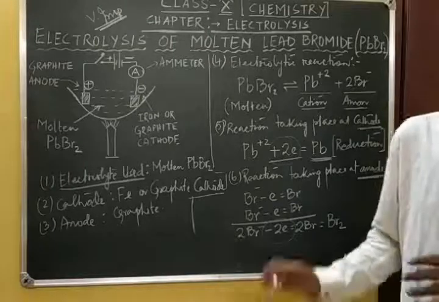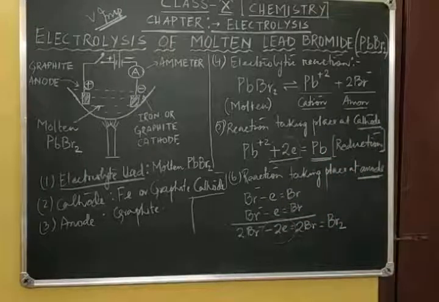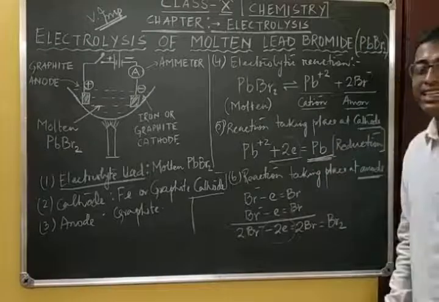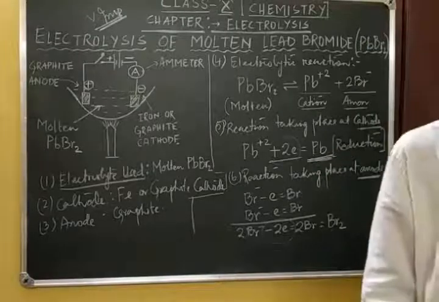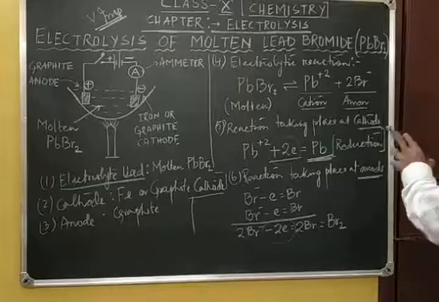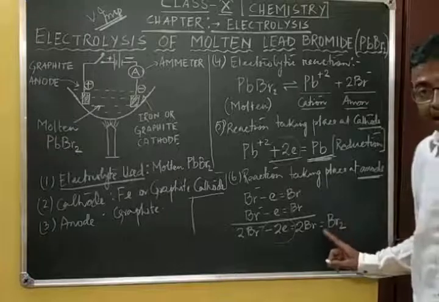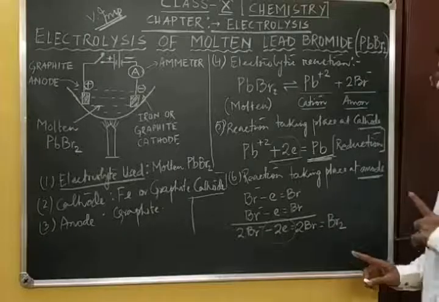This is the process by which you should write. At the cathode, lead metal will be deposited. What is the color of lead? It is reddish. So you can write that lead is deposited at the cathode and bromine, a gas, is liberated at the anode.